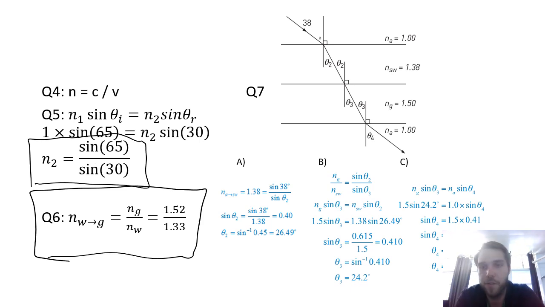Question 7, first things first, let's draw out a diagram. So we've got 38 degrees coming in, and n was equal to 1 because it was in air. It then went into that soapy water, which is 1.38, then into 1.5, and then back out into the air at 1. We've got our angle of incidence next to the normal. We've then got our refracted angle, which is next to the normal.